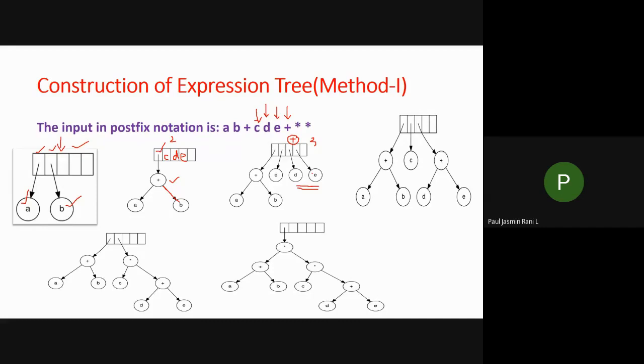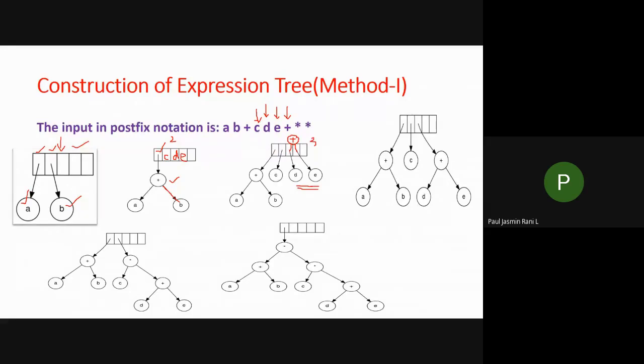First you pop E because that is the topmost element, so that is placed in the right child of your plus operator, and D is your second popped element, so that should be placed in the left child of your plus operator.